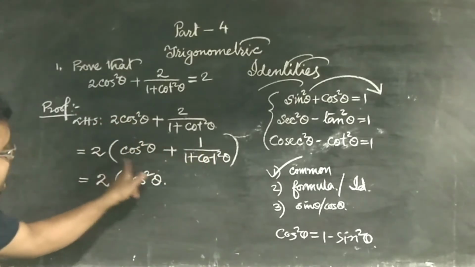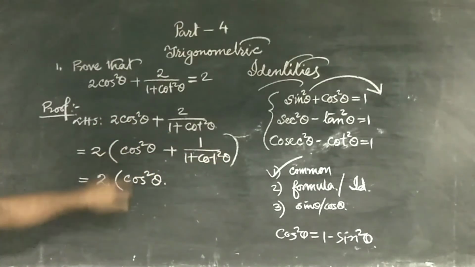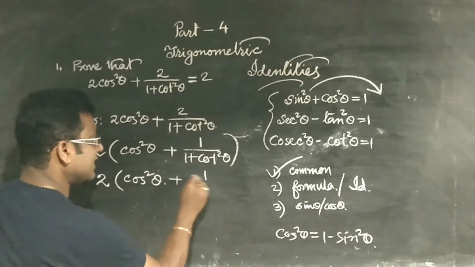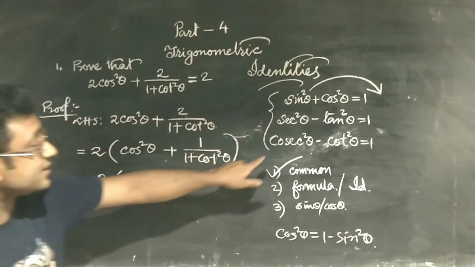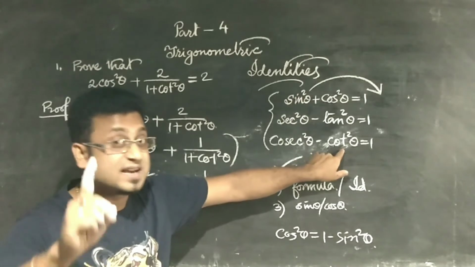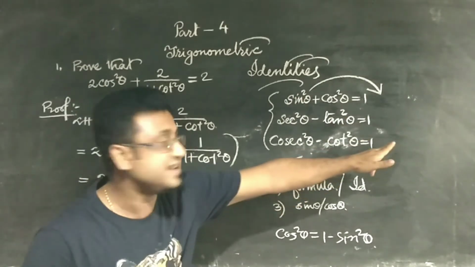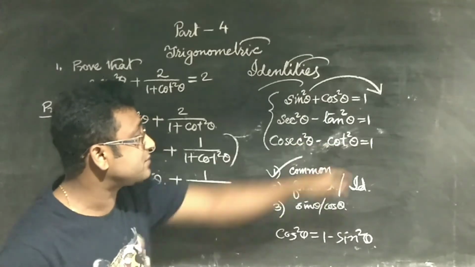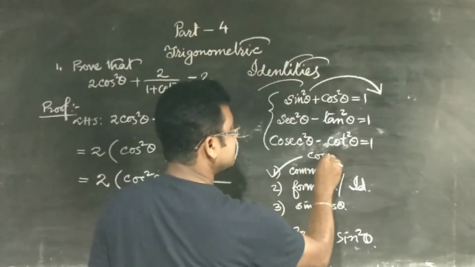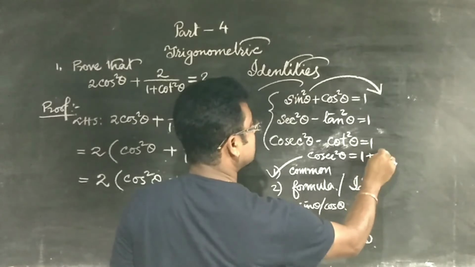Once I have taken common, the next part is we have to check whether we can apply any trigonometric identity. Now here, cosec square theta minus cos square theta is 1. So if I transfer this cos square theta to the other side, you are going to get cosec square theta equals 1 plus cos square theta.